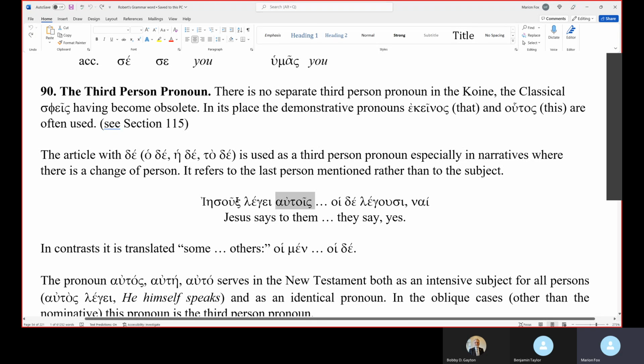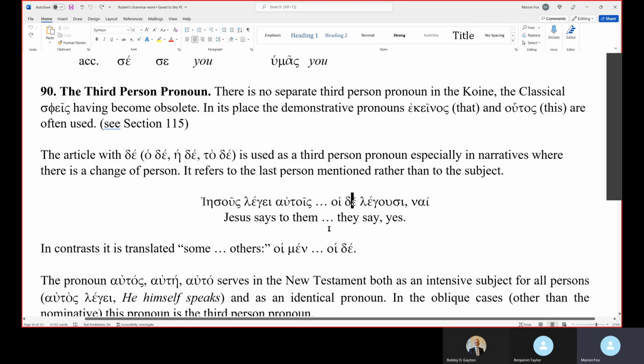So we have Jesus says to them, but they say, nai or ou, yes or no. And so right here, that form would be translated "but they say," or "and they say," or just "they say." And notice it's a contrast with "they." Any comments there?